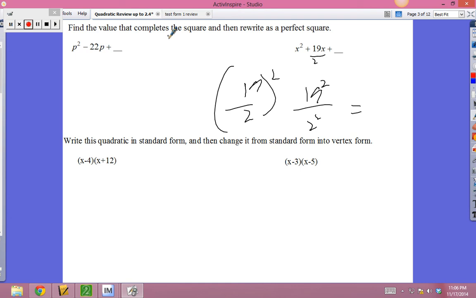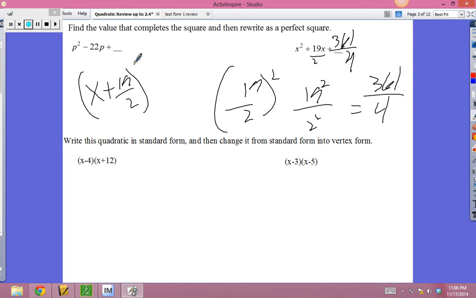Jeez, I'm having a hard time. 19 times 19, 361. 361 on top, 4 on bottom. That is the number you wish was here. 361 over 4. Okay, now, if you have to write it as a perfect square, it's just going to be x plus 19 halves squared.